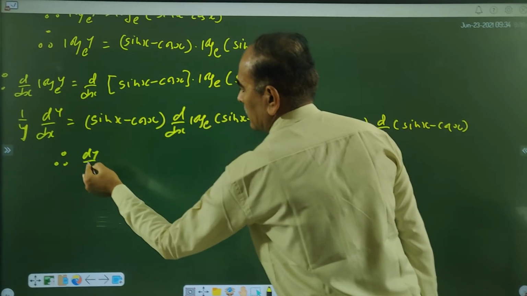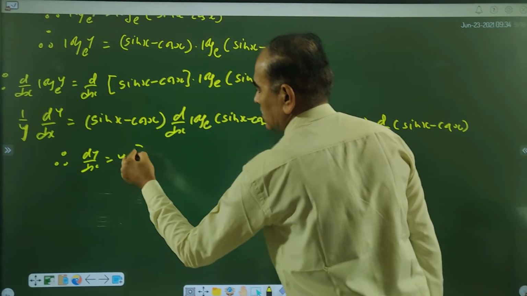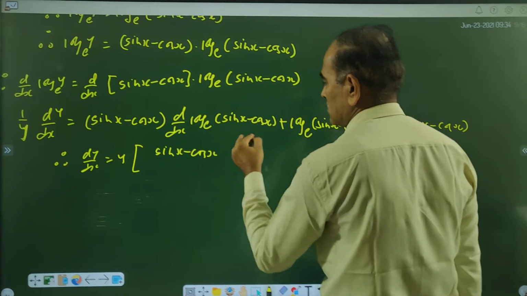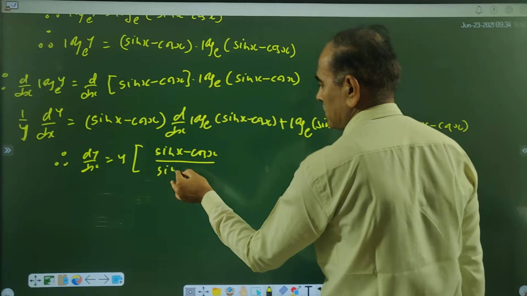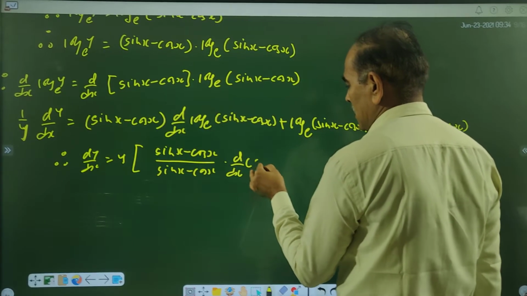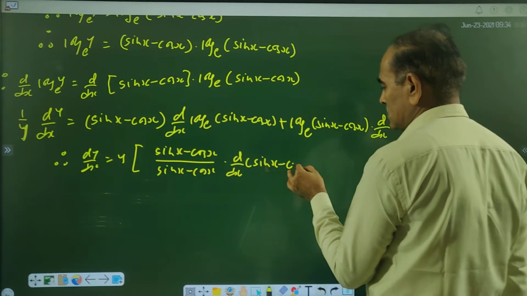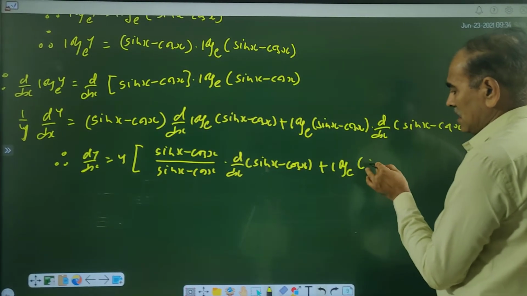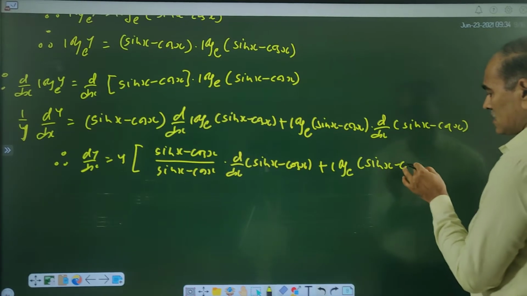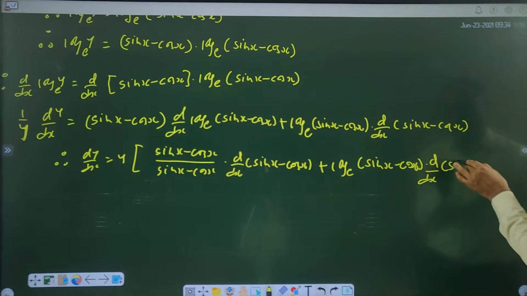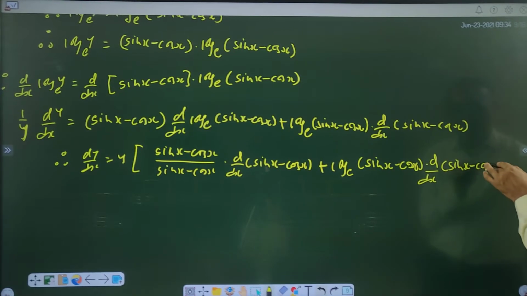And therefore dy by dx is equal to y times [(sin x minus cos x) into 1 upon (sin x minus cos x) into d by dx of (sin x minus cos x), plus log base e of (sin x minus cos x) into d by dx of (sin x minus cos x)].